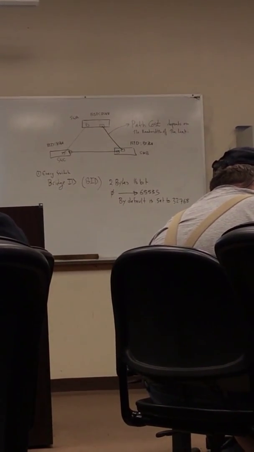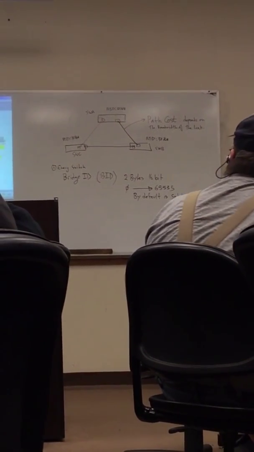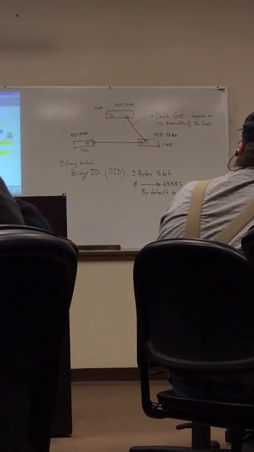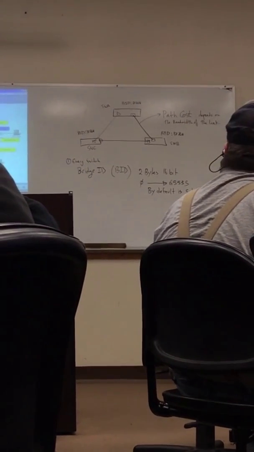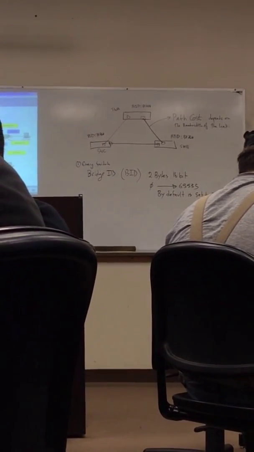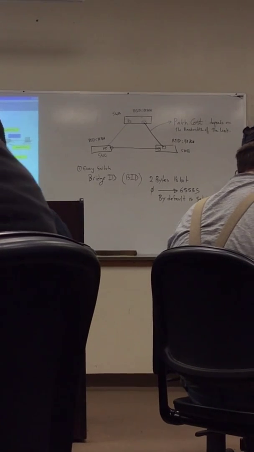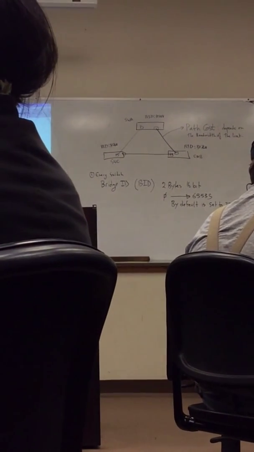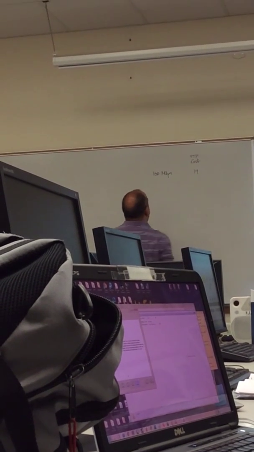Yeah, the new one. Let's look at the new one. The new one is based on 100 megabit. If it's a 100 megabit link, then the STP cost is 19.